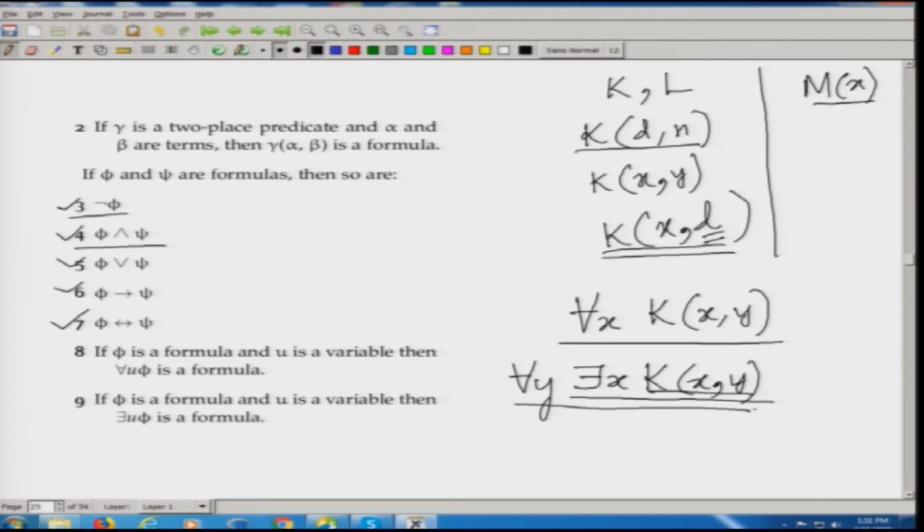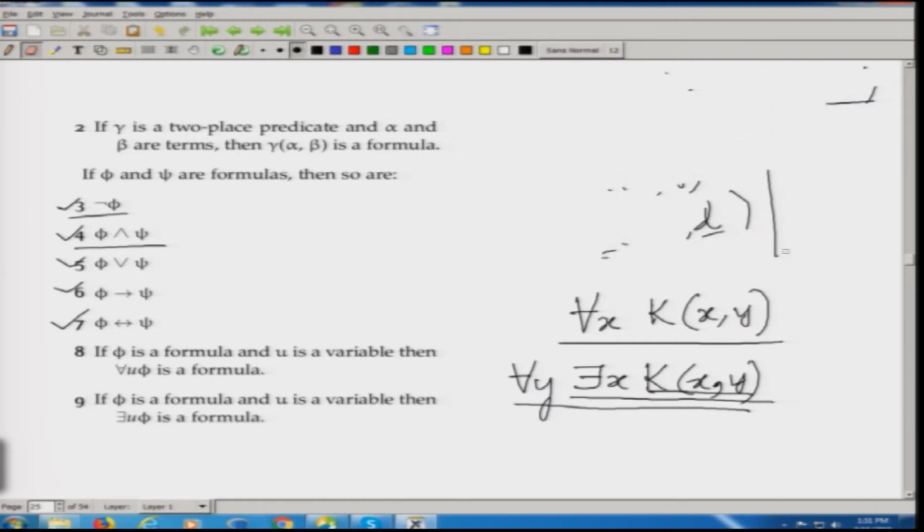And some very simple translations also can be done by using this language. For example, if we interpret, a small interpretational thing, if we just say that M is man, I just say that M alpha means alpha is a man.